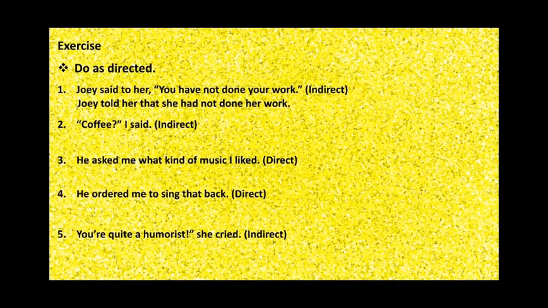Second sentence, coffee, I said. This has to be changed into an indirect speech. So the indirect speech is I asked him or her. If in the sentence there is no mention of a woman or a man, the gender, then you can use your own.